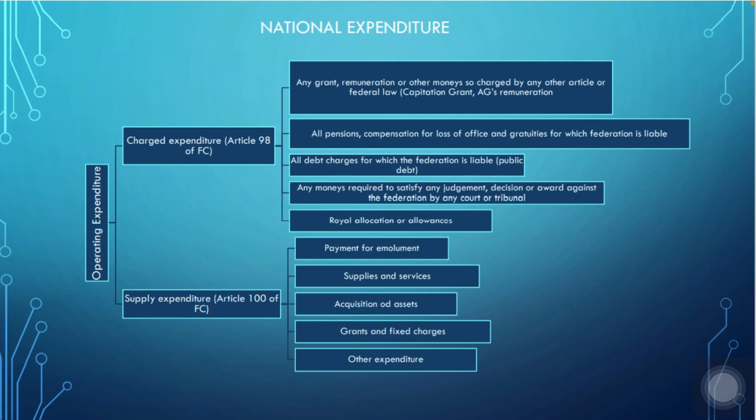So tadi kita dah sembang pasal national revenue. So yang ni adalah komponen untuk national expenditure. So basically untuk national expenditure, government of Malaysia must follow what has been stated in federal constitution. So dalam artikel 98 dan juga artikel 100 ada menerangkan tentang national expenditure.